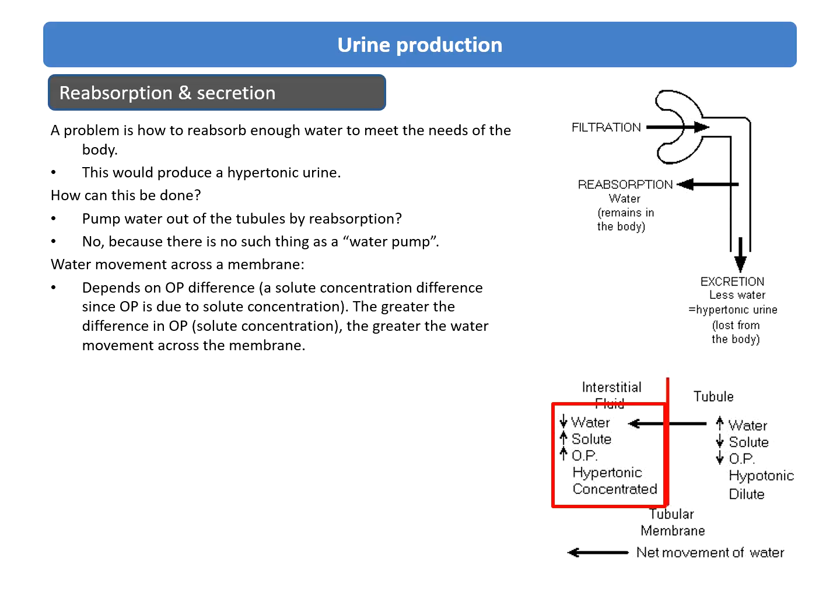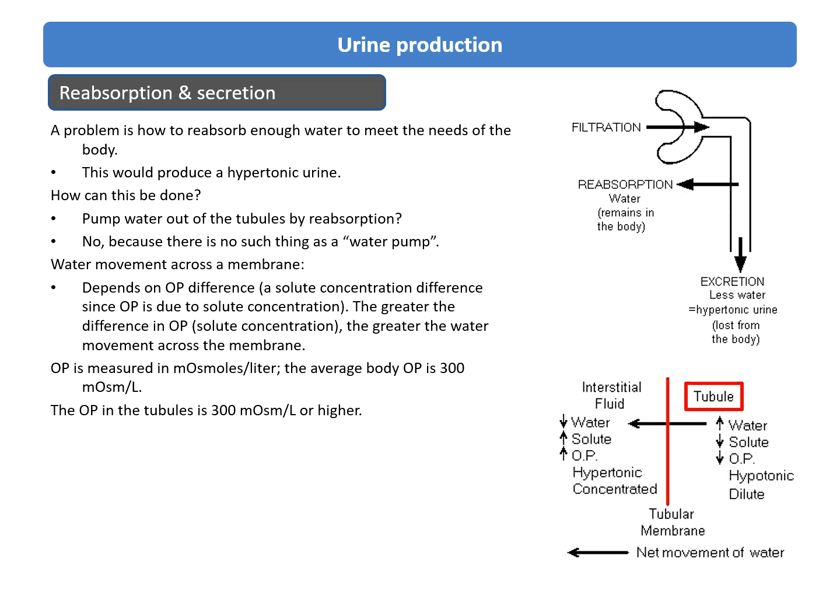It depends on an osmotic pressure difference, that is, a difference in solute concentration. The greater the difference in osmotic pressure or solute concentration, the greater the water movement across the membrane. Osmotic pressure is measured in milliosmoles per liter. The average body osmotic pressure is 300 milliosmoles per liter.